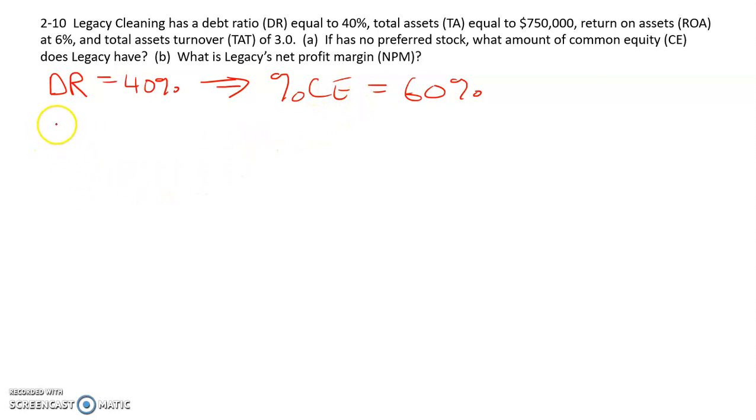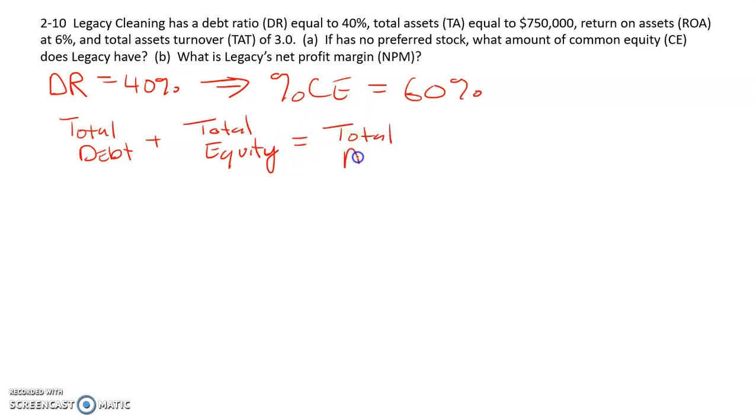Because we know from accounting that total debt plus total equity has to equal total assets. So the debt ratio, just to keep this going, plus your percent common equity have to equal 1 or 100%.